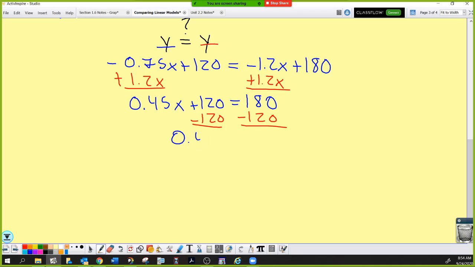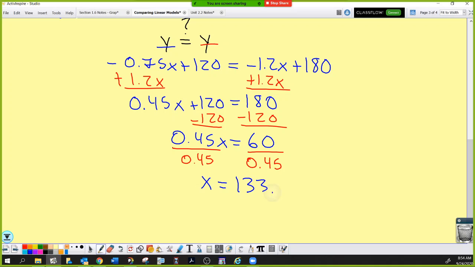Get 0.45x equals 60, and then you divide by 0.45. Going to get some number that's just a little bit bigger than 120. I don't know how much bigger. I'm going to grab my calculator. A repeating decimal? That's okay. 60 divided by 0.45.